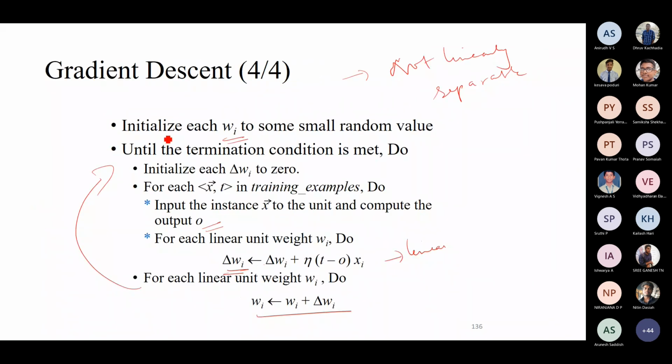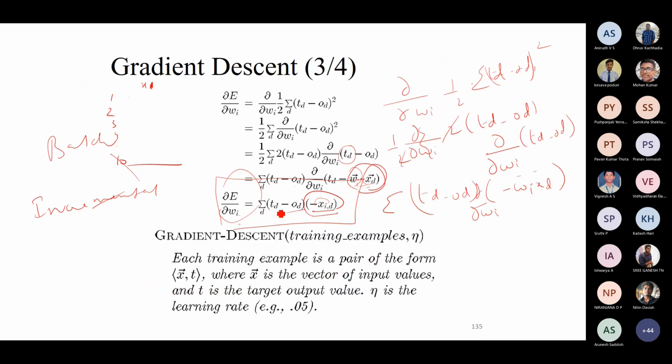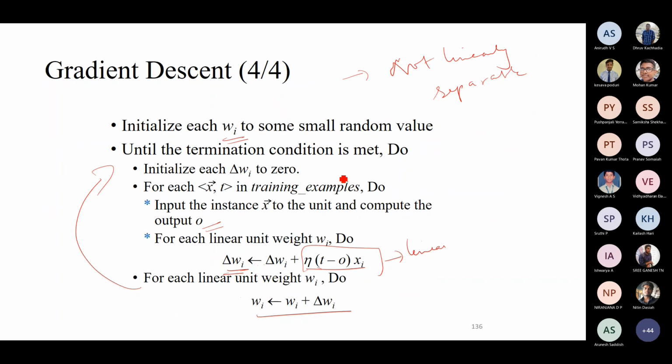For the gradient descent algorithm, you initialize delta Wi to 0 to start with, and then you use some random weights. If it is a linear weight, you do this. If it is a non-linear weight, then you apply eta into summation of TD minus OD, which you can think of as T minus O into Xi. You are simply summing it up for all the records. So that is your weight change.